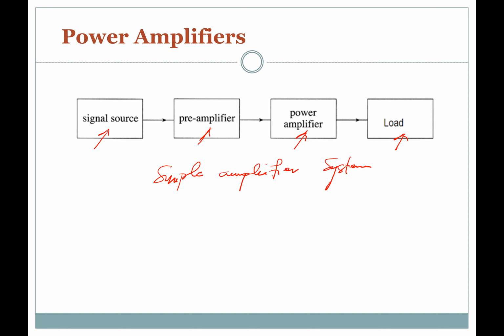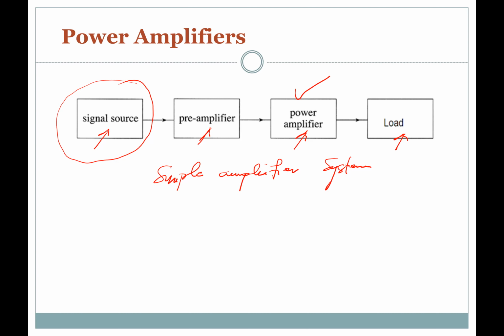Usually what will happen is that you have a signal source that will pick your signal, and this signal is said to be a large signal. Now this signal will usually be taken through a preamplifier, and then the power amplification produced is a product of the voltage amplification and current amplification, and that is usually done at this stage.